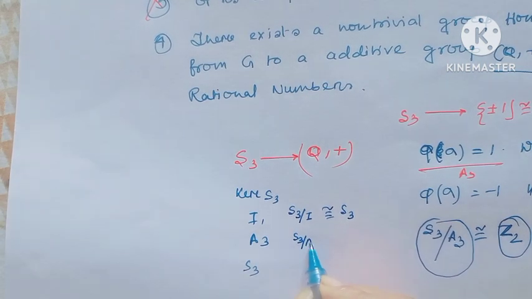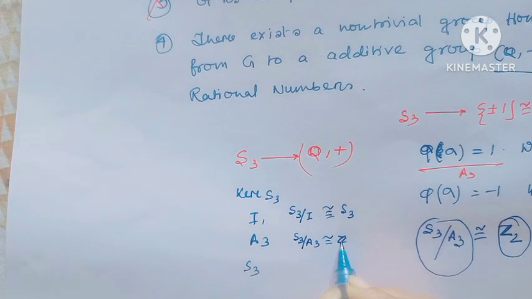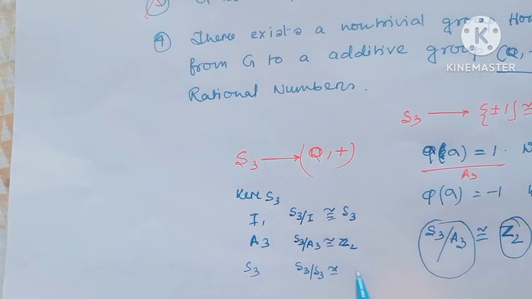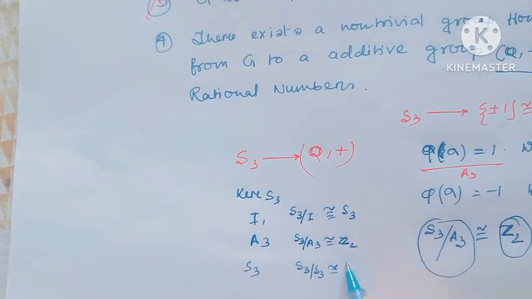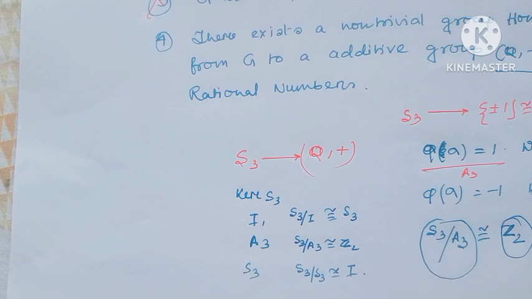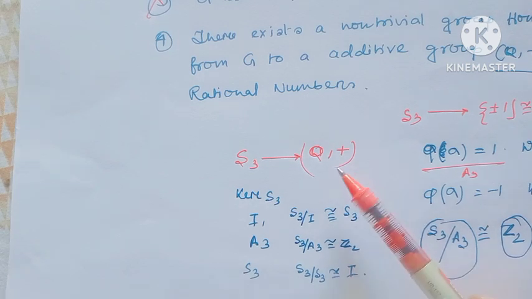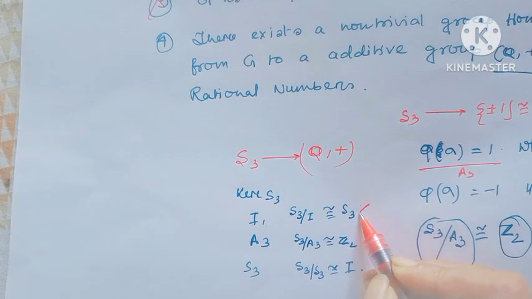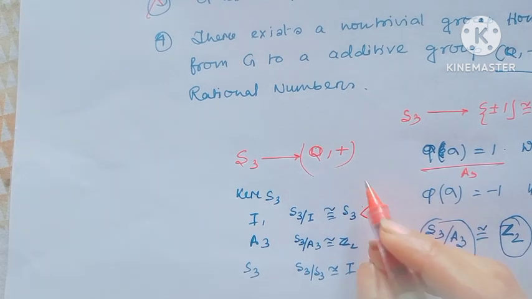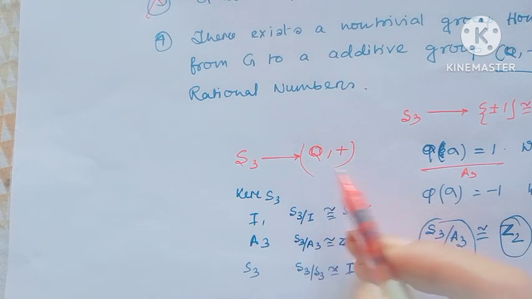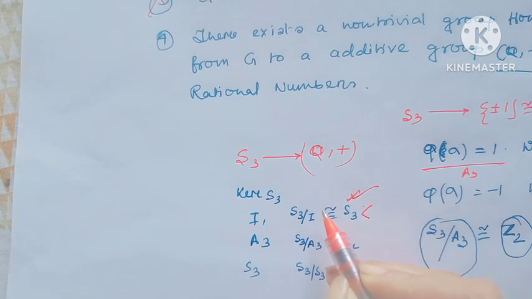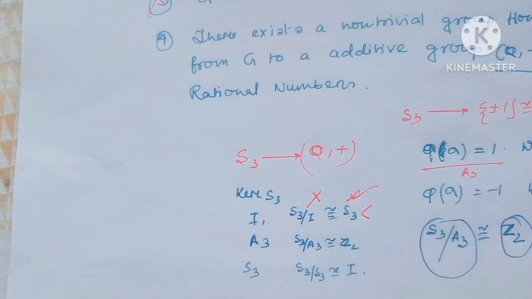S3 modulo A3 is isomorphic to Z2, and S3 modulo S3 is isomorphic to the trivial group. In Q plus there exists no subgroup of S3 type. So this type of homomorphism is not possible.